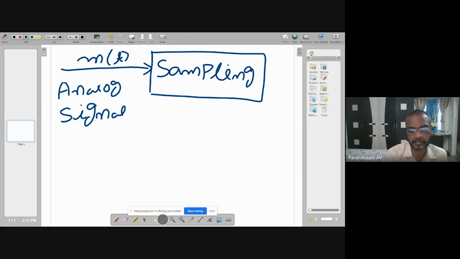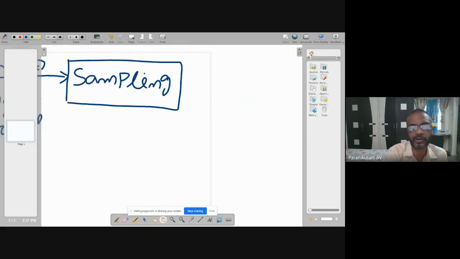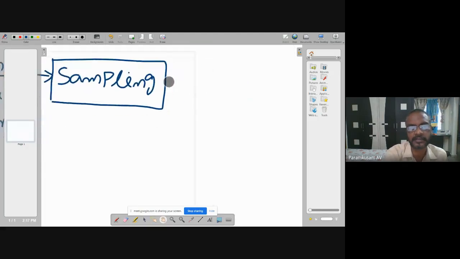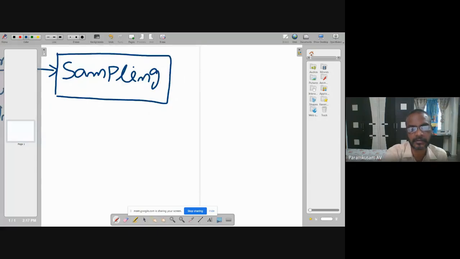Now, the output of this signal is given to the quantizer.